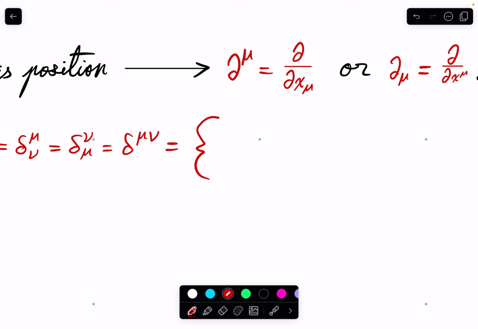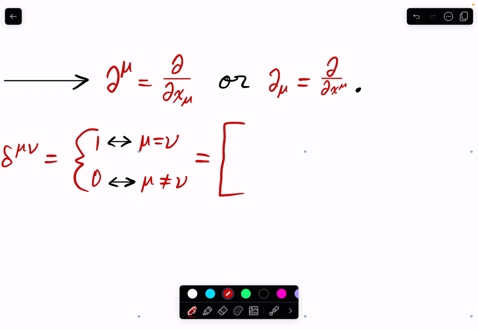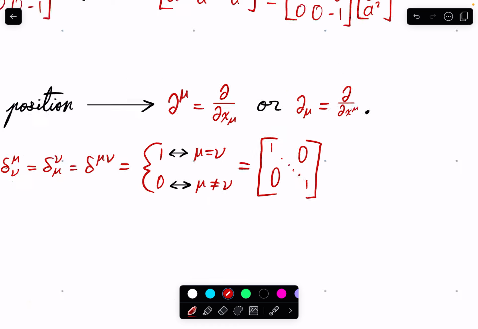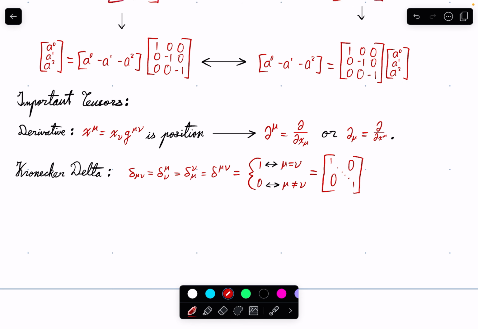Well, it's equal to 1 or 0, and these are conditioned statements. If mu equals nu, or if mu does not equal nu, then the value is either 1 or 0. But recall, this is a matrix. So in reality, this is the matrix that has ones along the diagonal and zeros everywhere else. So essentially, it's like the identity matrix.